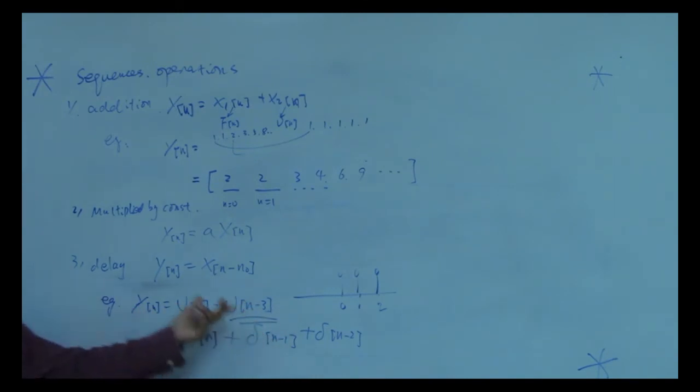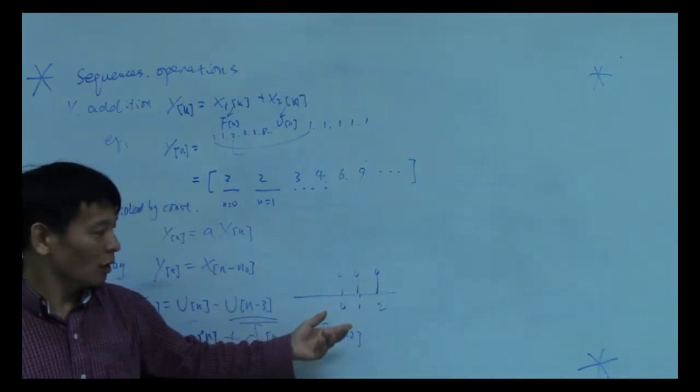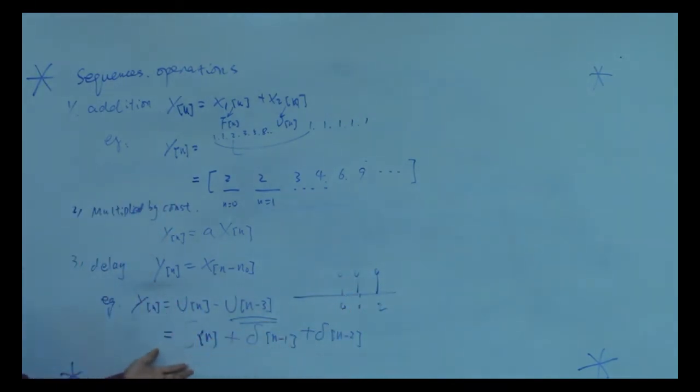So the point here is, if I give you an arbitrary signal, we need to know how to represent it with basic signals, like impulses. Good? Okay.